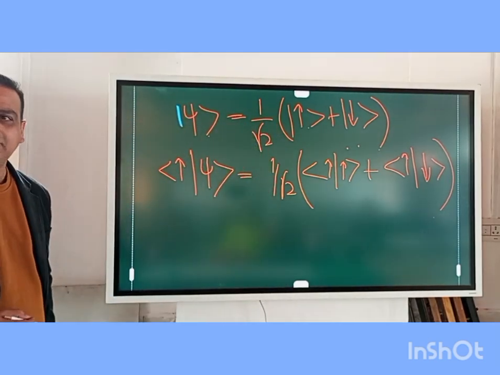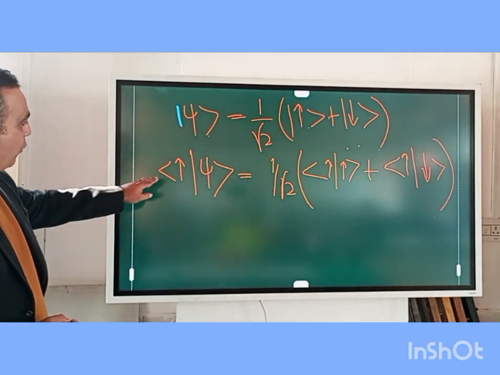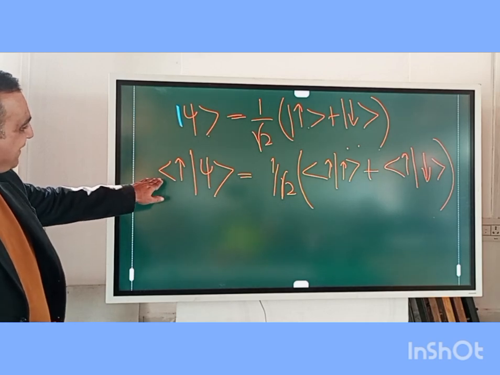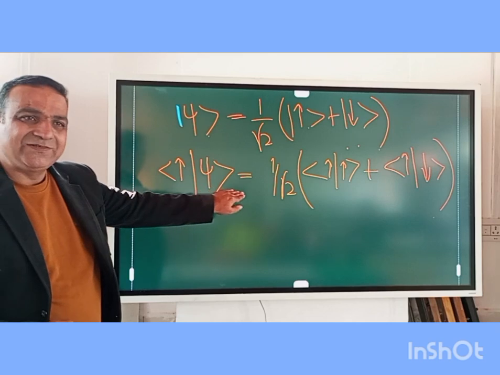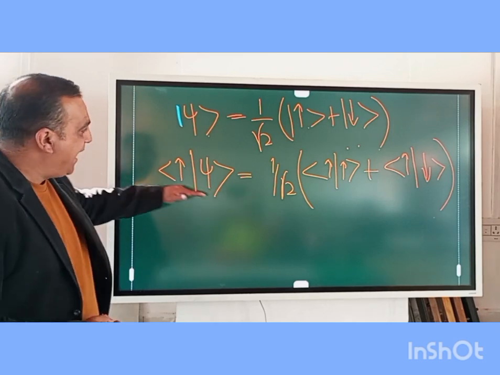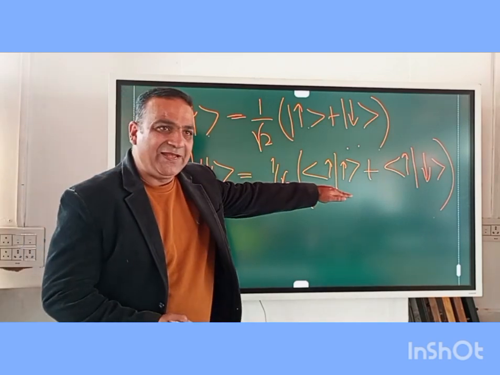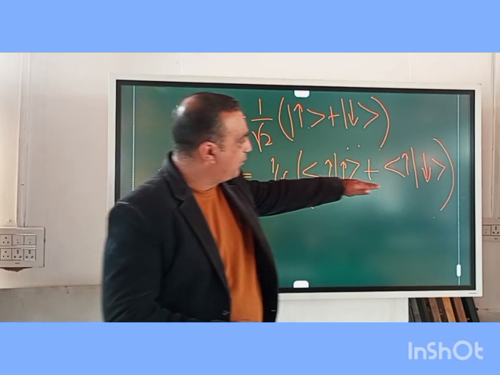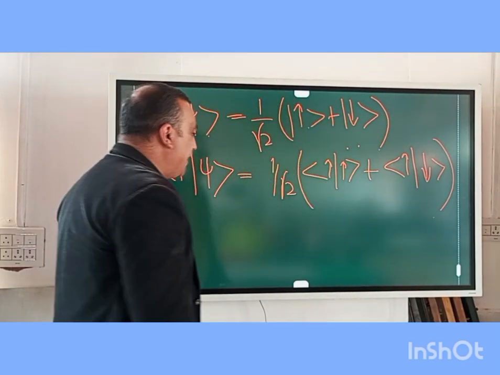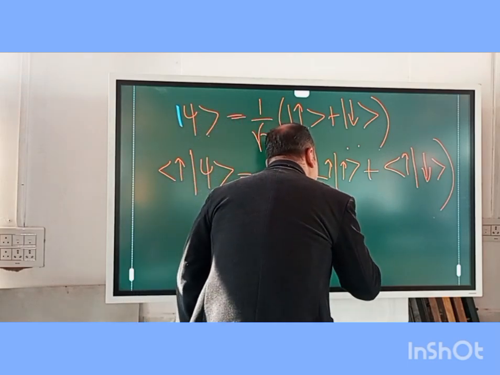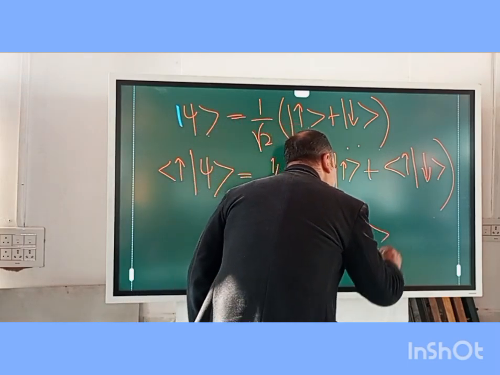Could you understand this? So you have operated the bra of spin up on this state vector psi, on spin up in the superposition, and on spin down. Now, what is spin up with spin up equal to?